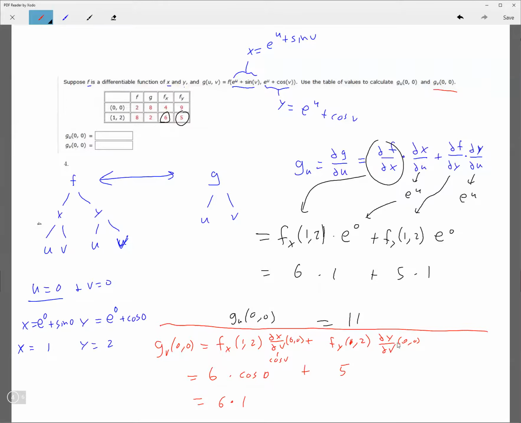But here you have dy dv. The partial of y with respect to v is negative sine v. So this is going to be negative sine 0. So that's 0. So you're just going to get 6 for the second part.